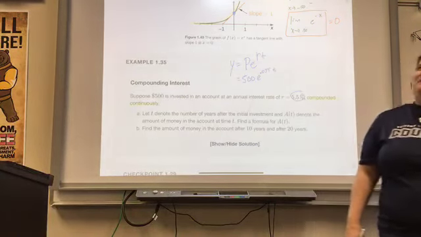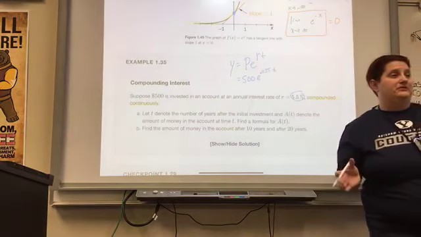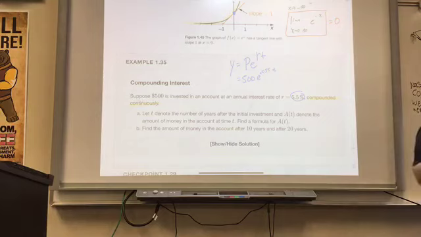I think my bank probably compounds my interest monthly, because at the end of the month they send me a little statement and they're like, hey, you got a penny in interest. And I'm like, hey, thank you. But if I said I don't want it to compound monthly, I want it to compound daily, at the end of every day it would calculate.